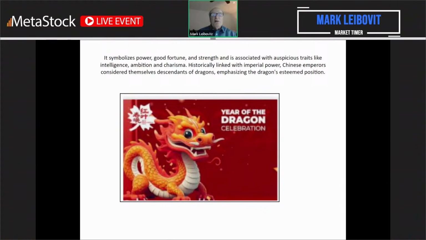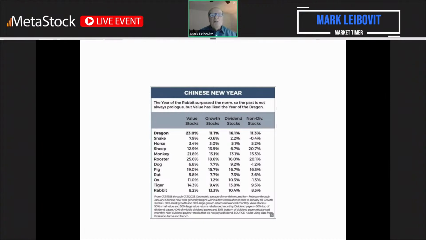It's the year of the dragon, folks. And in China, it symbolizes power, good fortune, and strength. I'm sure you're aware of it, but I always make a note of what year we're in, the Chinese New Year. Some really interesting stuff here about the various Chinese animals. I don't know if you follow, whether you're a sheep or a monkey or a rooster or a dog, or what you are in Chinese literature.